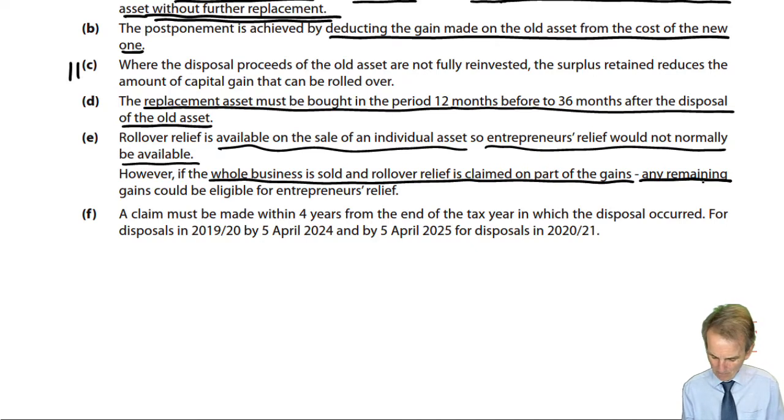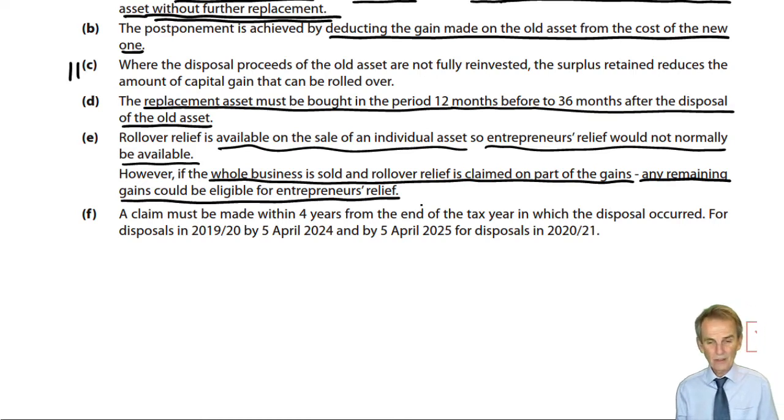Then any remaining gain could be eligible as long as it qualifies in its own right for entrepreneur's relief. If you've got entrepreneur's relief available, then you are probably going on a disposal of your business to claim entrepreneur's relief and get all the taxable gains taxed now, but taxed at 10%.